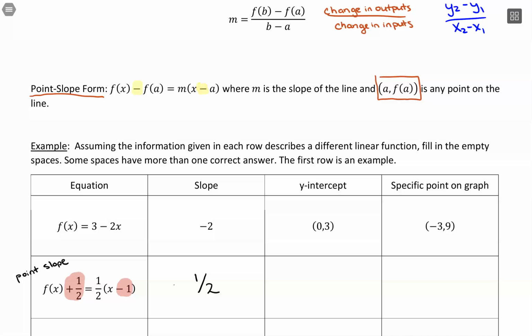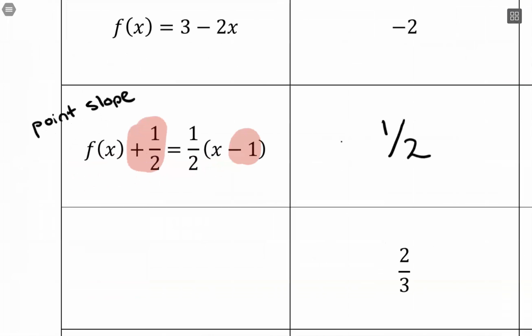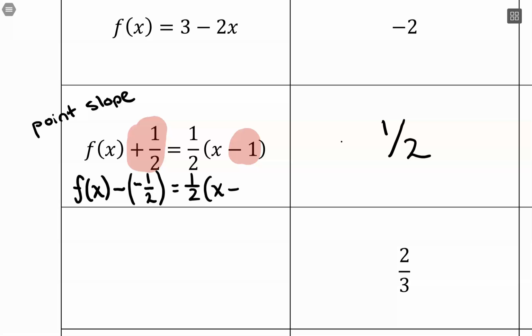So how I actually want to think about this, I know this is kind of strange to write it this way, but if I expect subtraction to be there, then for my output to have a positive 1/2, I technically have a negative 1/2 there. See how we have subtraction of a negative, so that would make the positive, but I just need that subtraction symbol so that it can match the form up above. And then I have equals 1/2 x, and then because that's subtraction there, that's working great. I have subtraction of a positive 1.